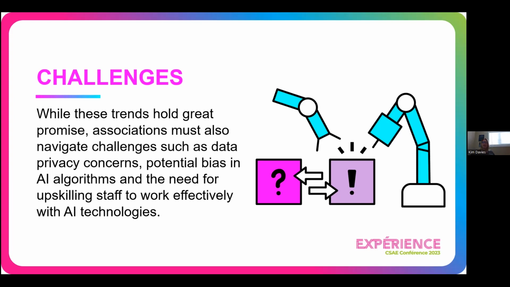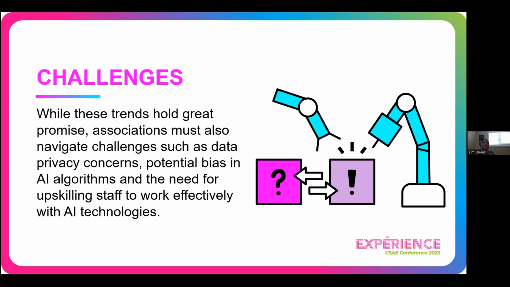And then, of course, last but certainly not least, the ethical and bias concerns. AI algorithms can inadvertently introduce biases or ethical concerns when making decisions or recommendations. So you certainly want to be regularly auditing your AI systems for just that: any biases.